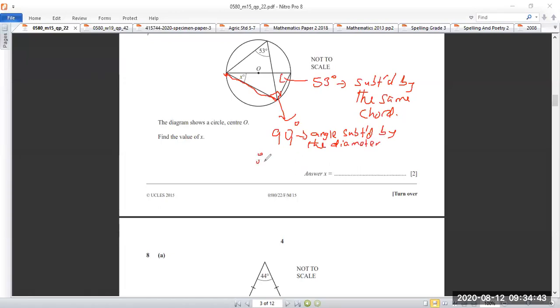Therefore, x will equal 180 minus (90 plus 53). This is actually the sum of 90 plus 53, and that gives you what? It gives you 37 degrees.